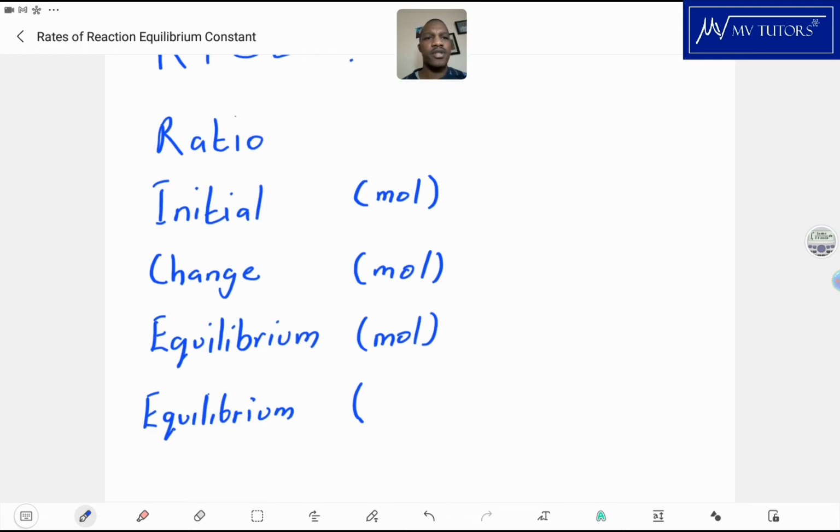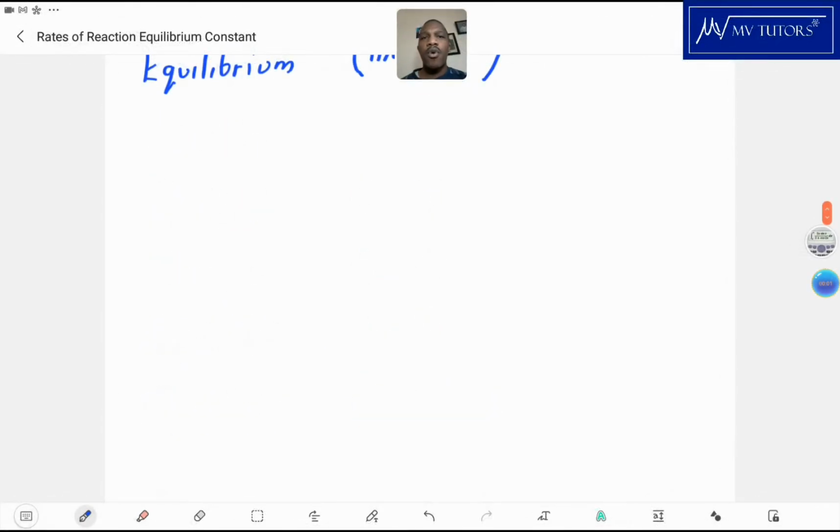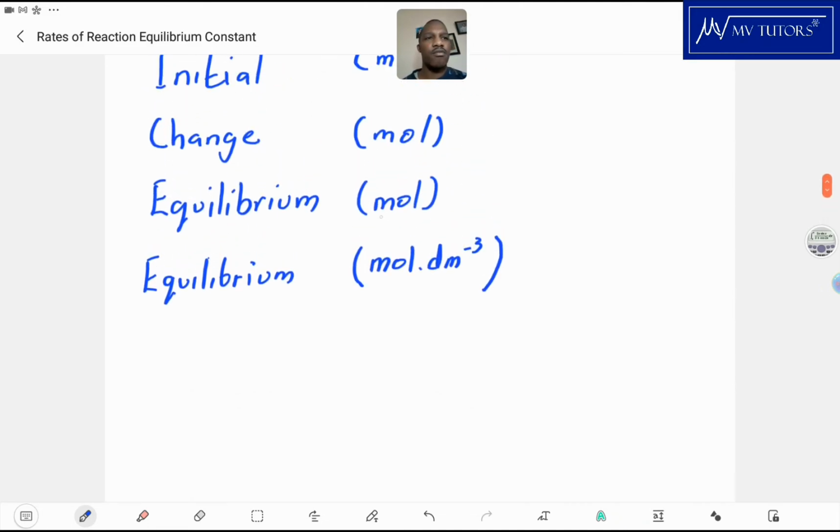This equilibrium is actually the concentration, which is in mol dm^-3, moles per decimeter cubed. So that's it. One more principle which you need to learn is how to calculate the moles.